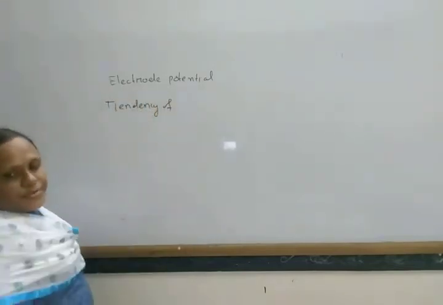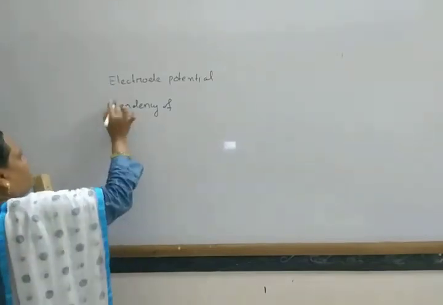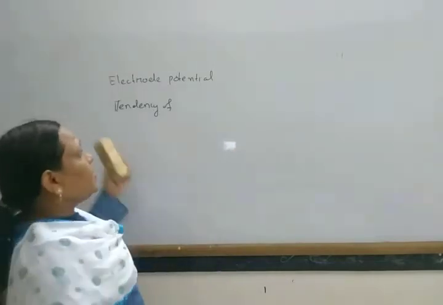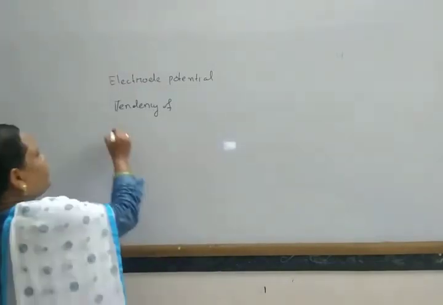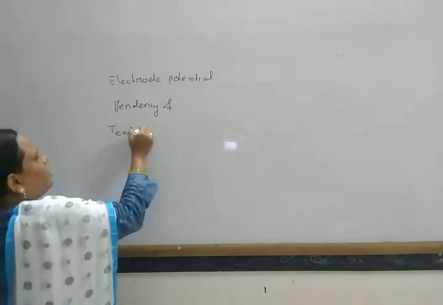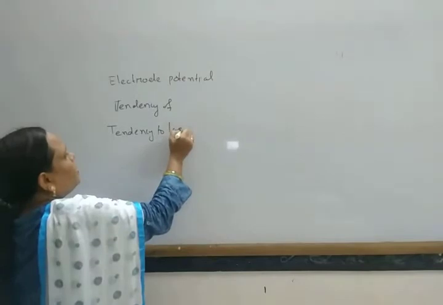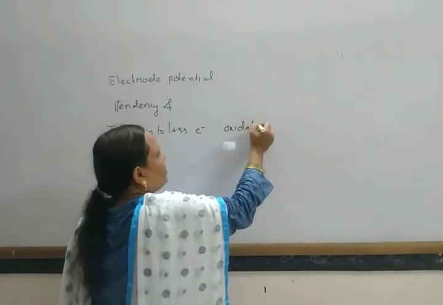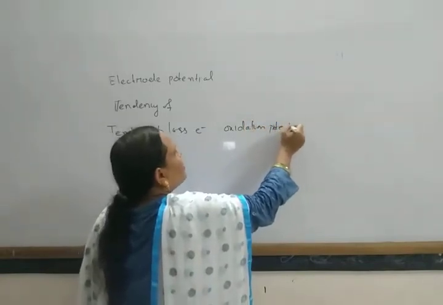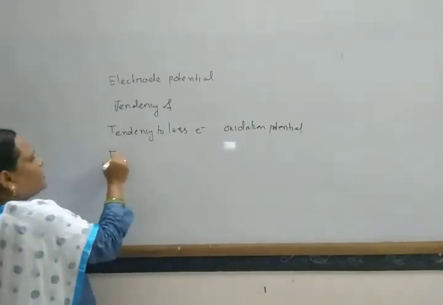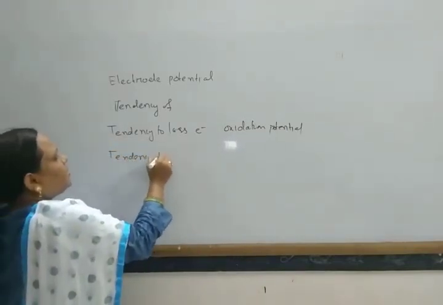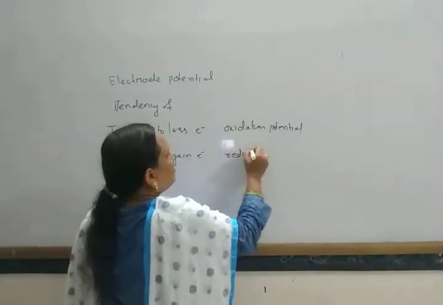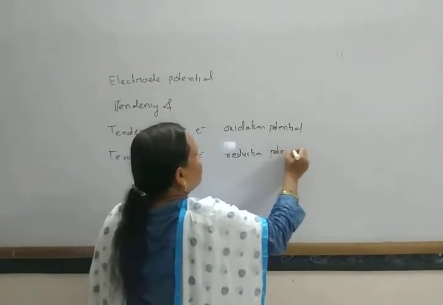The tendency to lose electron is known as oxidation potential, and the tendency to gain electron is known as reduction potential.